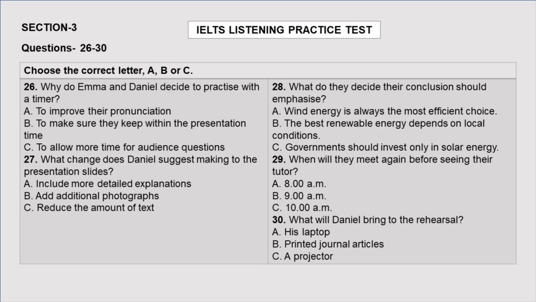Good idea. Also, let's avoid reading directly from our notes. If we know the material well enough, we'll sound much more confident. I agree. I'll prepare a few prompt cards with key words rather than complete sentences. I'll do the same. That should help us maintain eye contact with the audience as well.